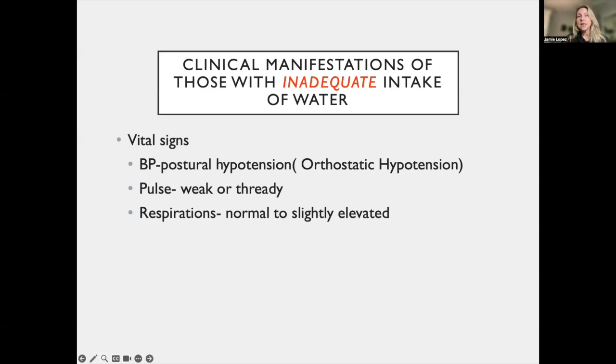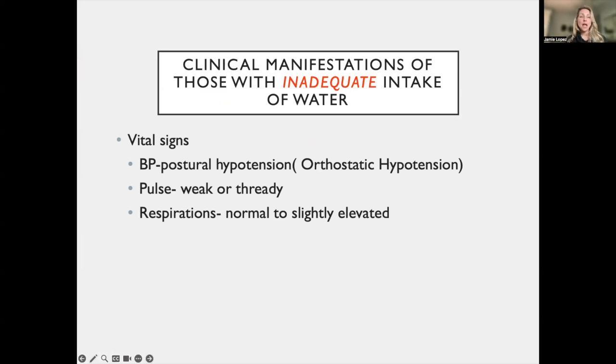It's going to take your heart many more beats per minute to pump that decreased fluid volume through the body, so your heart rate will go up to compensate. Your blood pressure will go down because you have inadequate cardiac output and preload. Preload you'll learn about in ICU, but it just means the amount of fluid going into the heart is inadequate. And so your blood pressure is going to be lower.